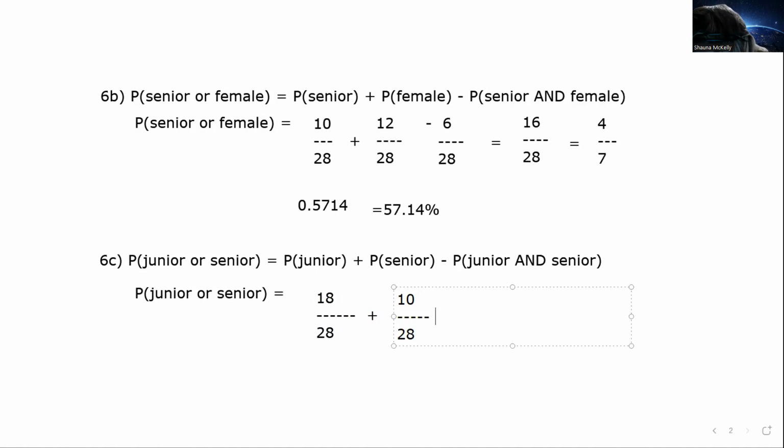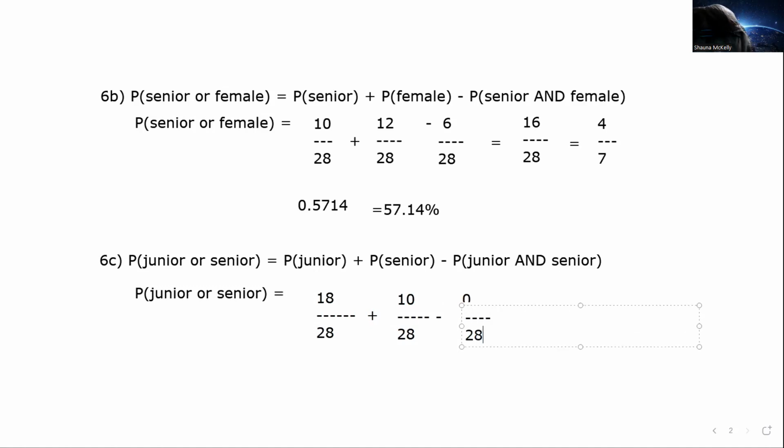Now, I want to point out something. You can't be both, as I said. And that means that because you cannot, that's a 0 probability. This is 0 over 28. Okay.